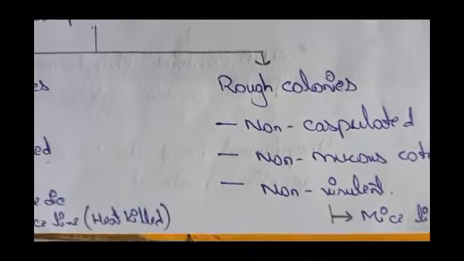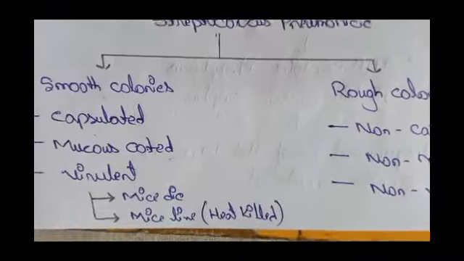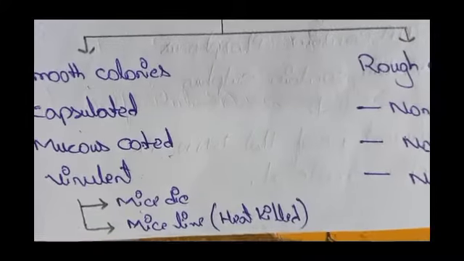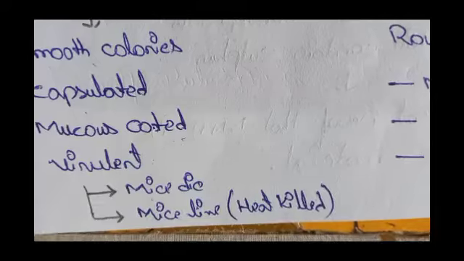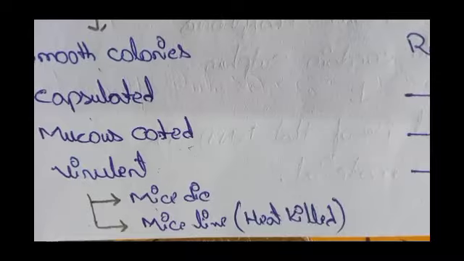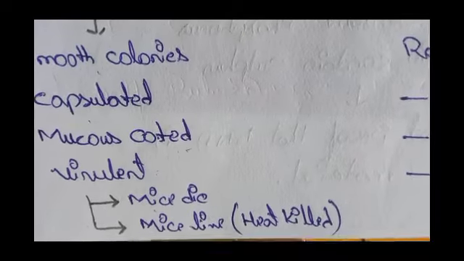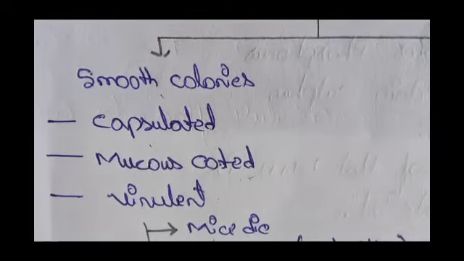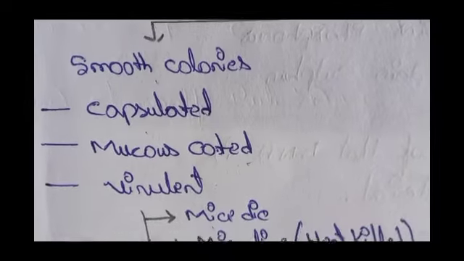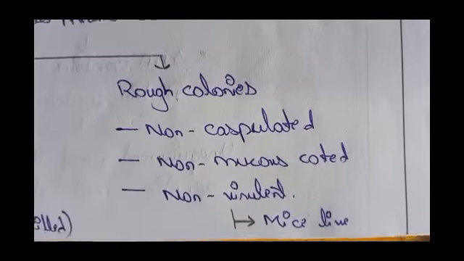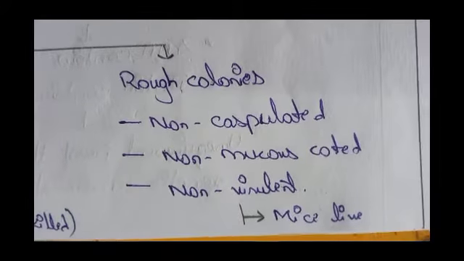When we started the test examination, the mice died when the virulent strain attacked. If the virulent smooth colony is heat killed, then the mice stays alive. In the rough colony case, the mice is already alive, with no external force.